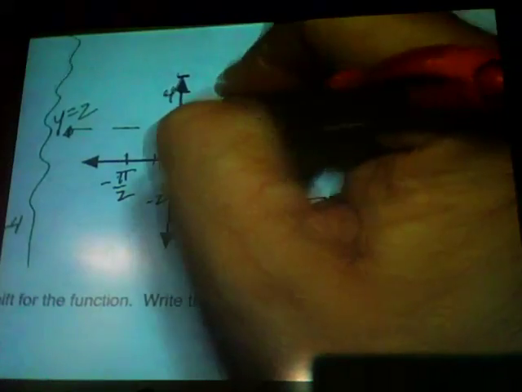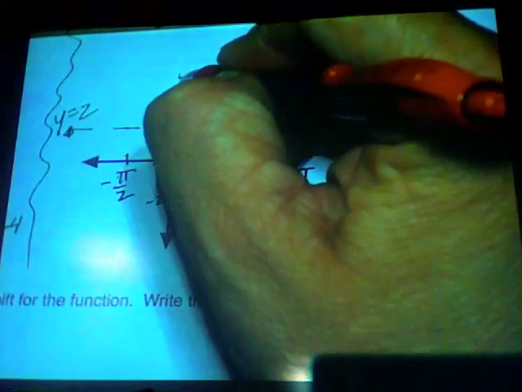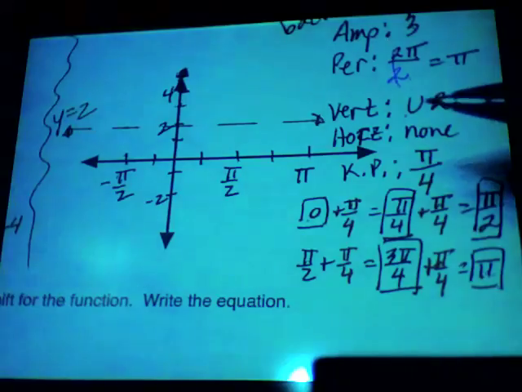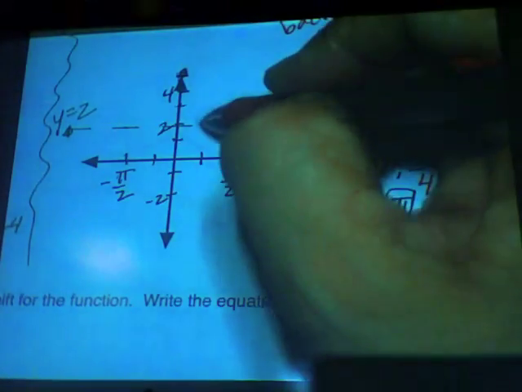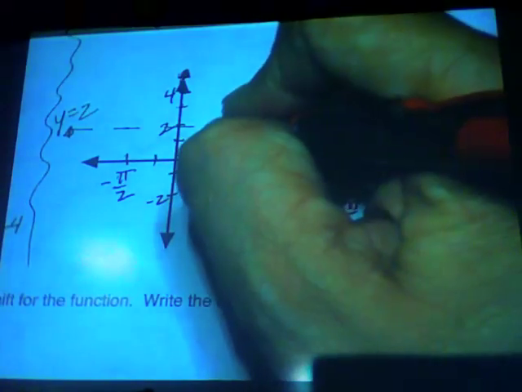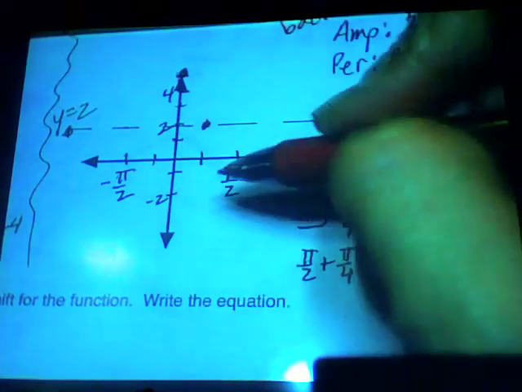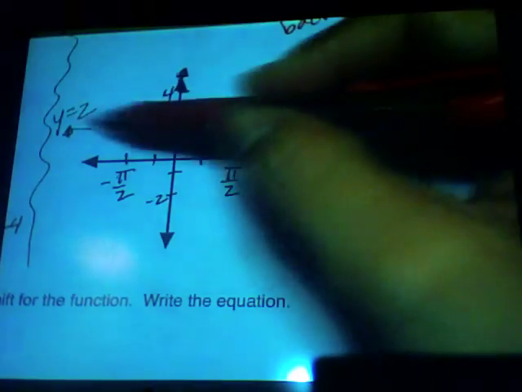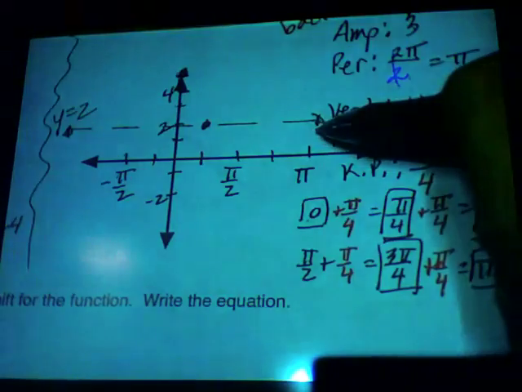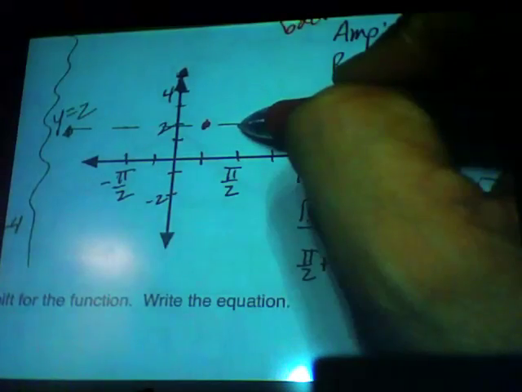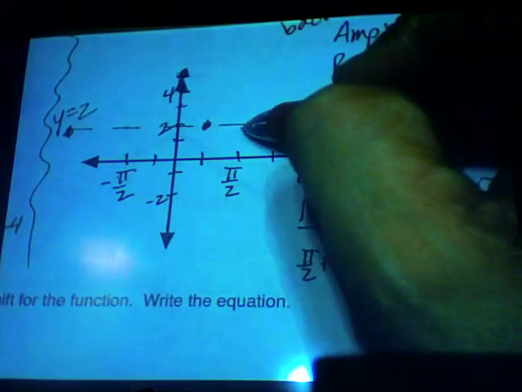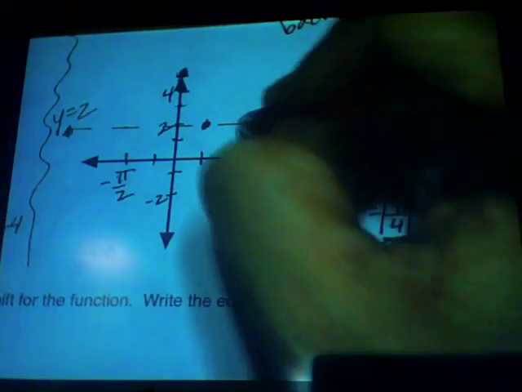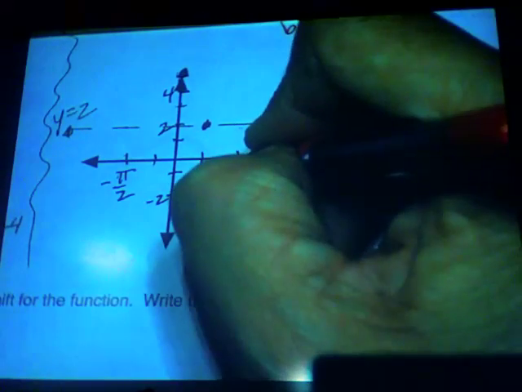So don't we have to go up 1, 2, 3? So we're really at 5 here, aren't we? Then the next hash mark, where should we be at? 0, right? Yep, so we're at 2, because we're using the green line as our new baseline. And then the next hash mark, don't we go down? Normally we'd go down 1, wouldn't we? But how far are we going with an amplitude of 3? Down 3. So 1, 2, 3, that puts us at -1.